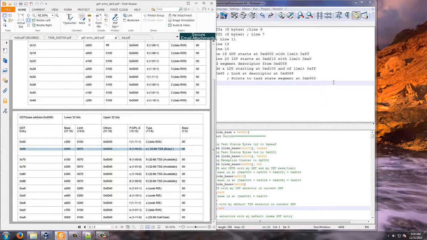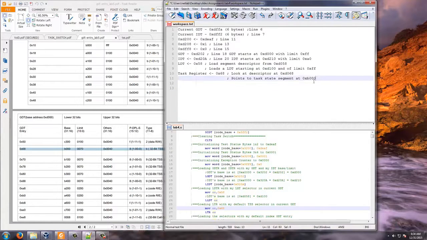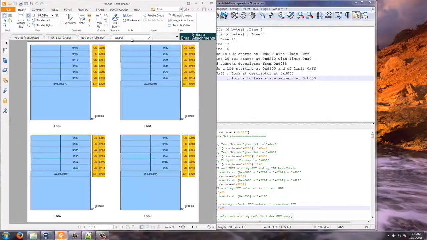So this is the entire GDT that we have loaded here. Now the TSS will be like this. It is starting at B1000, and your EIP will be stored at B1020, CS, DS, etc. So this is how your task state segment 0 will look like.